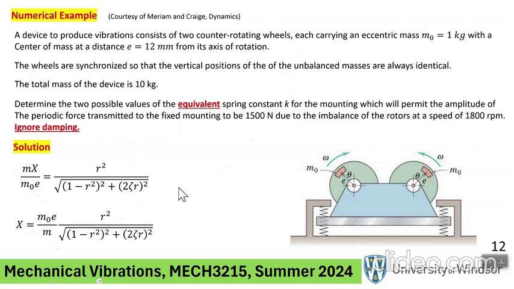And then you have to get the value of R. R is omega, which is 1800 RPM, divided by omega n. The problem is that we don't know omega n, because it involves the root of k over m, and we don't know k.